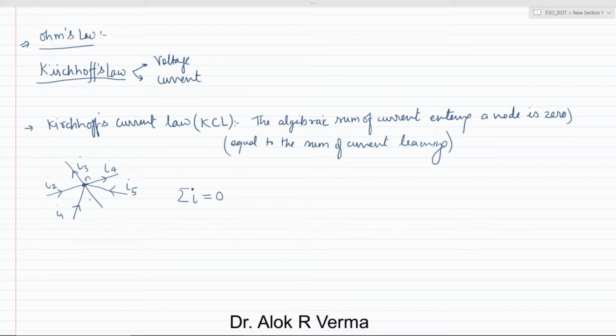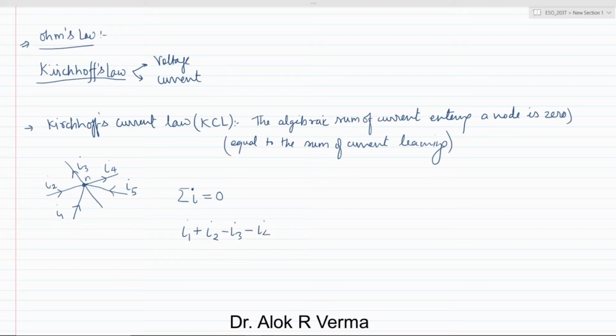What it means is that the current which is coming to the node is taken as positive, and the current which is leaving is taken as negative. Suppose I1 is taken as positive, entering the node, then I2 will also be positive, it is also entering. Then I3 is leaving, so it is in negative polarity.